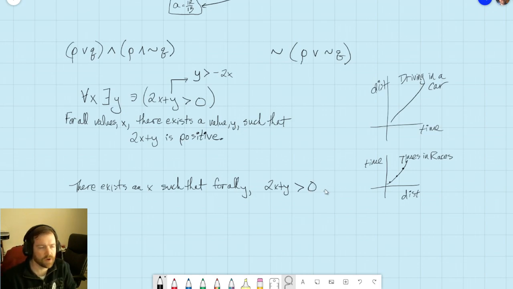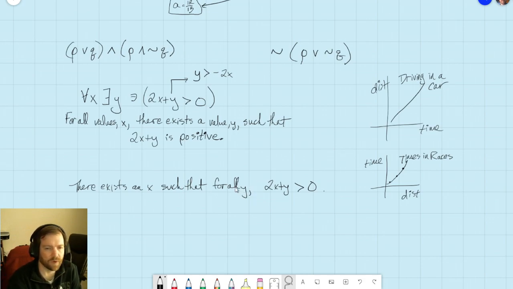Right, so if you turn it into words, it's a little easier to see. There exists an x such that for all y values, this is going to be true. So it's not going to work because we would have to have every single y value tested.